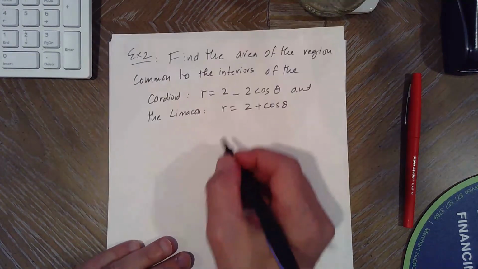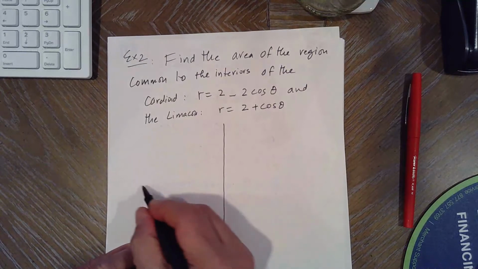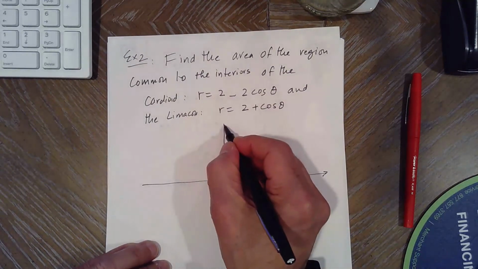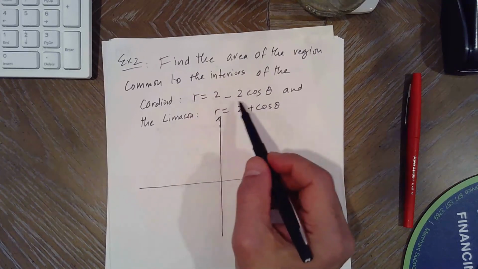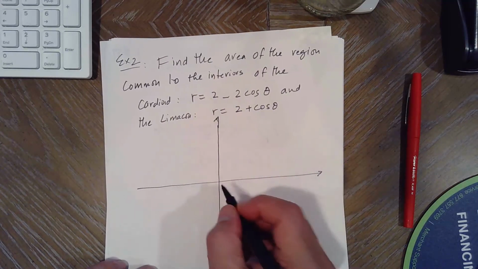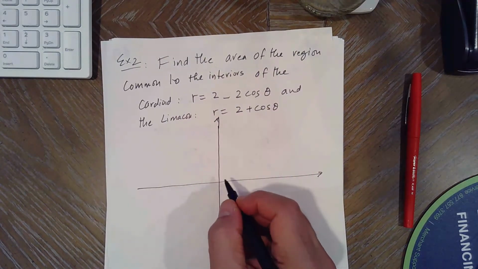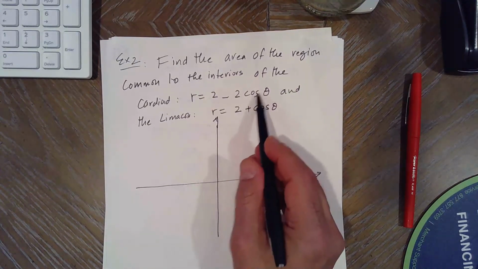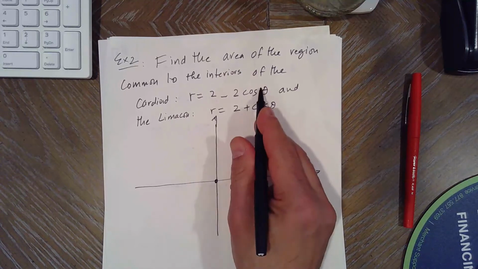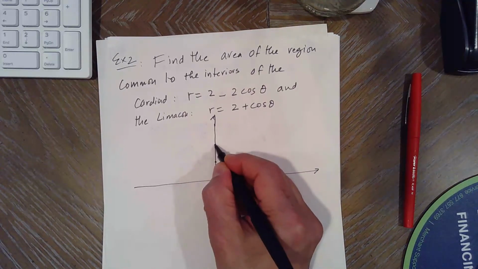So if I draw the graphs, the cardioid, 2 minus 2 cosine theta: at theta equals 0, r is 0. At theta equals pi over 2, r is 2.